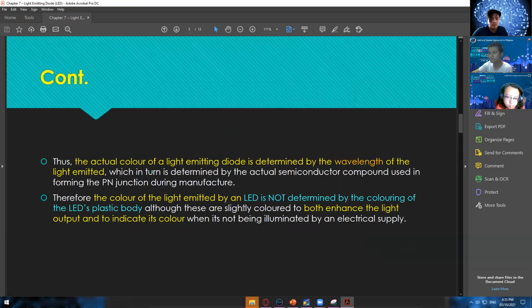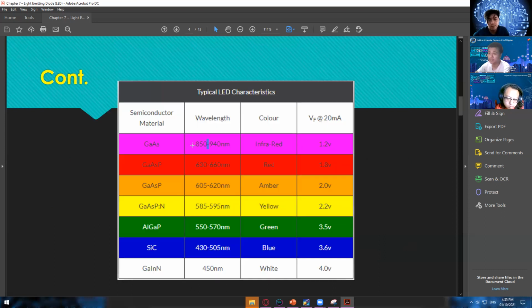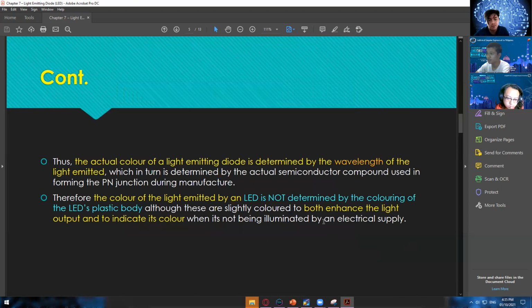Okay, so the actual color of a light emitting diode is determined by the wavelength itself of the light emitted, which in turn is determined by the actual semiconductor compound used in forming the PN junction during manufacture. So therefore, the color of the light emitted by an LED is not determined by the coloring of the LED's plastic body.